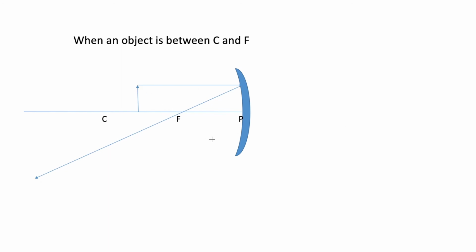Next ray, through the focus you can draw or oblique you can draw, any ray diagram you can choose. I am choosing the oblique ray. The reflected ray also will be oblique.